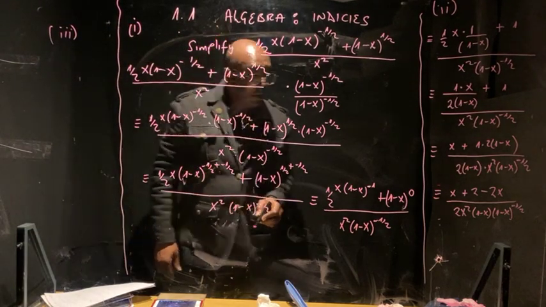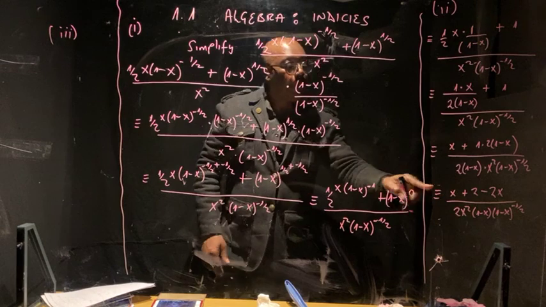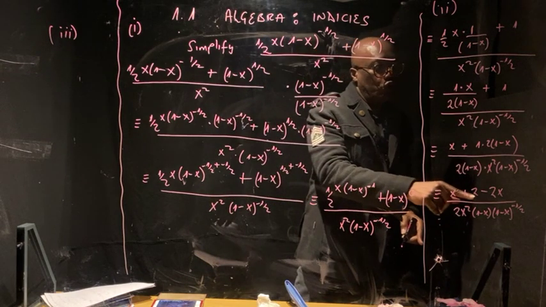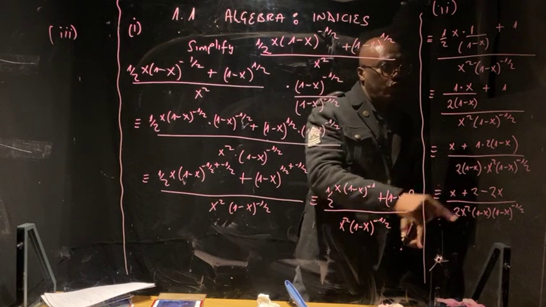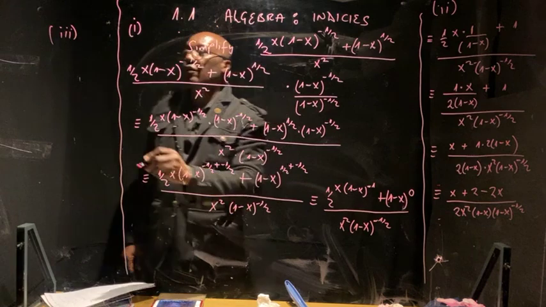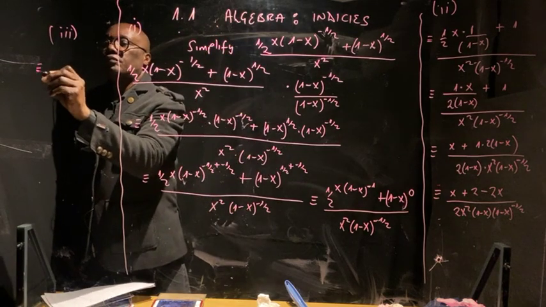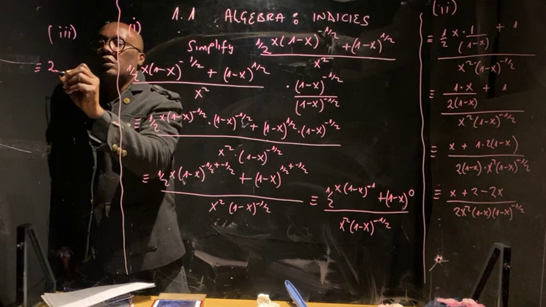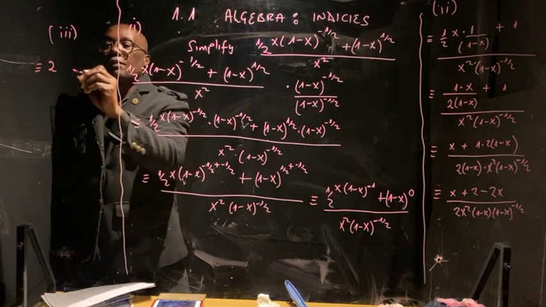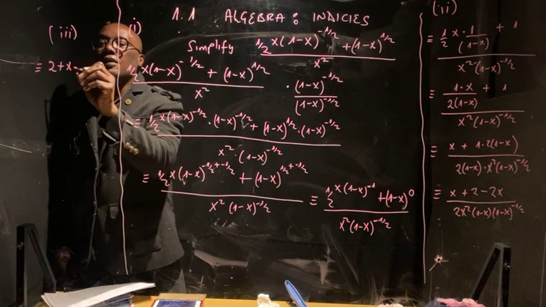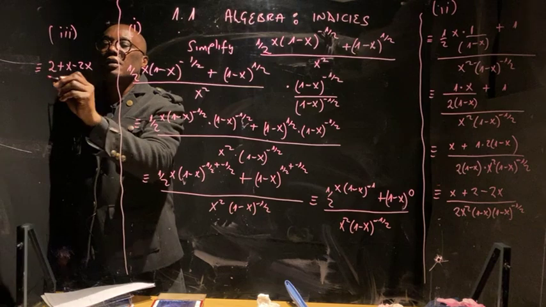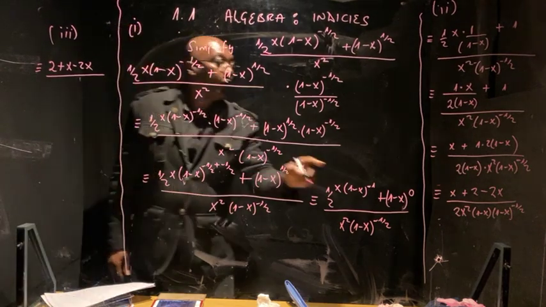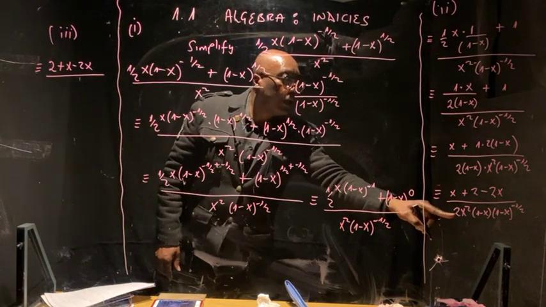Okay, in section 3, we are starting from here. x plus 2 minus 2x. It is not different from 2 plus x minus 2x over 2x squared.